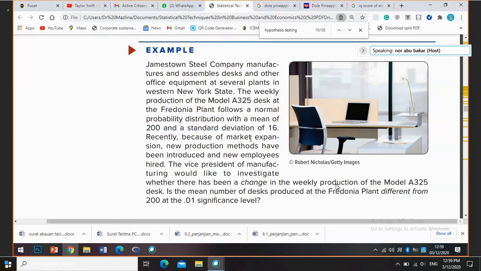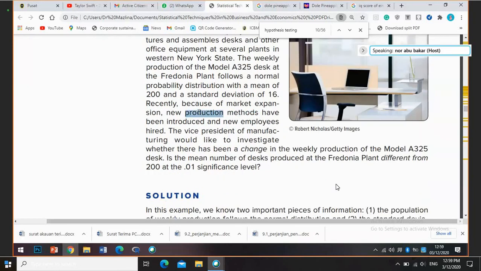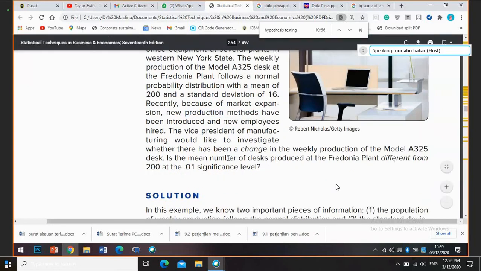Okay, now because of market expansion, new production method is introduced. Okay, jadi ada cara baru macam mana nak assemble the desk, and then they would like to investigate whether now with the new method, okay, the mean number of desks produced at the plant is different from 200.